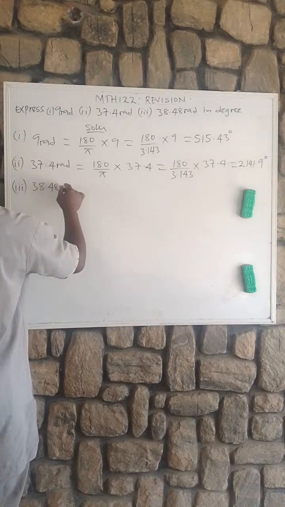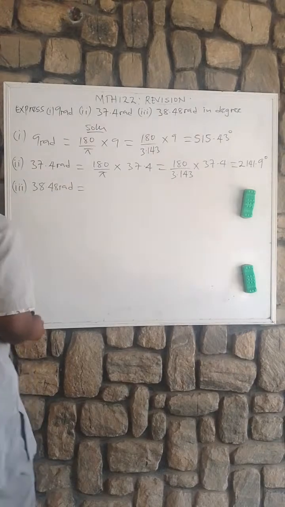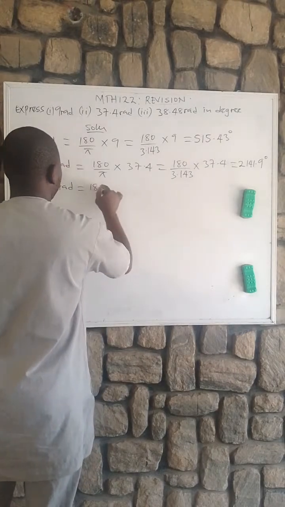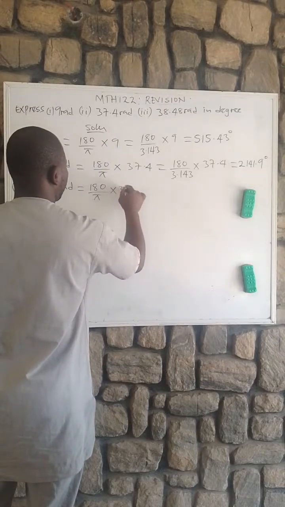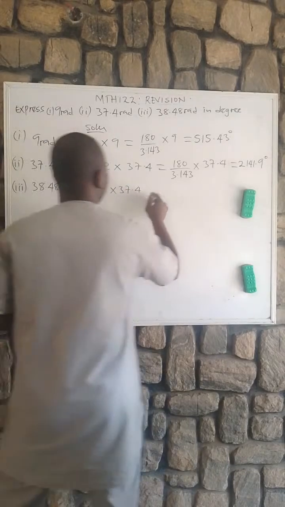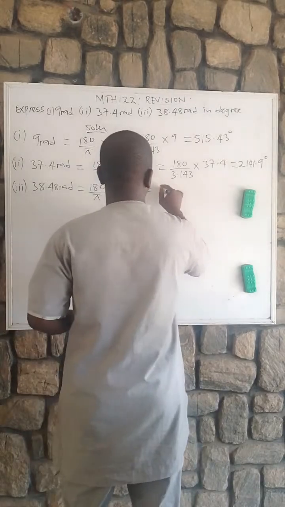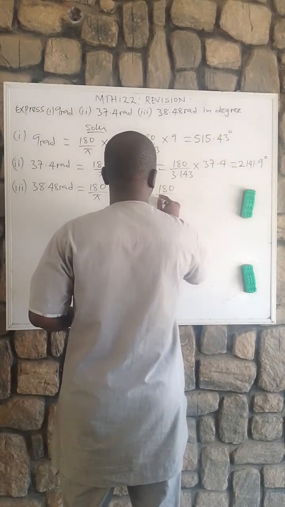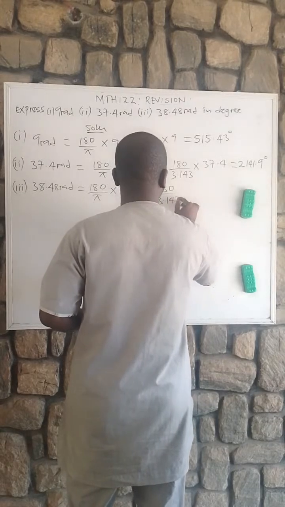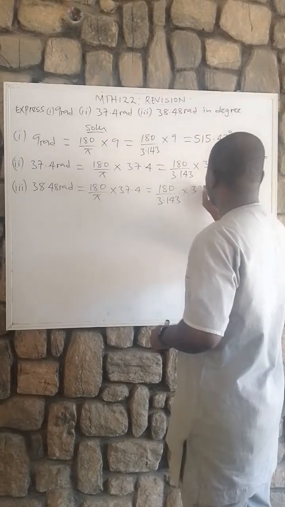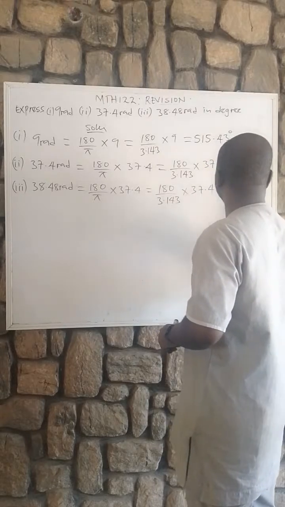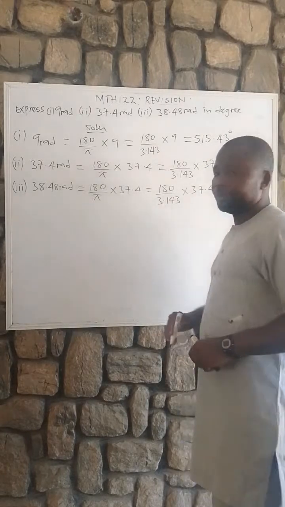Then let's consider III. 38.48 radian is equal to 180 all over pi times 38.48. Then this is equal to 180 all over 3.143, right? Then times 38.48.